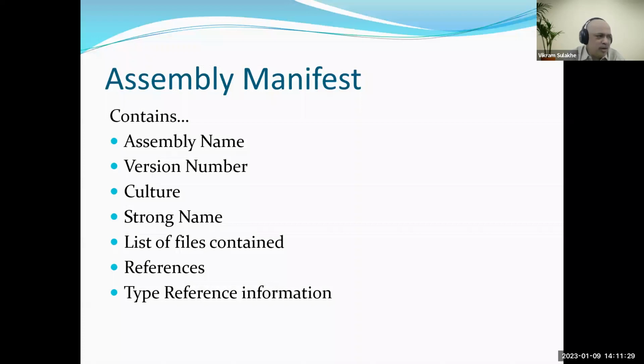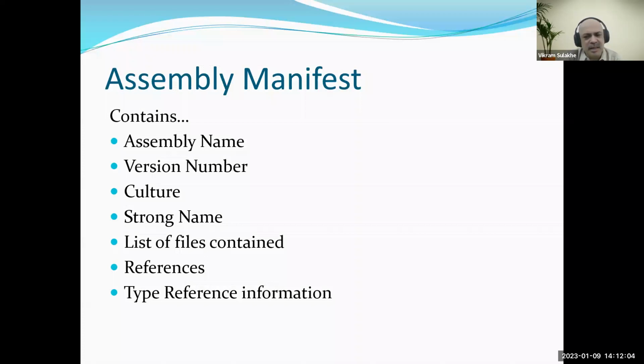EN-US could be an example of a culture, English in the US, or HI-IN, Hindi India, or MR-IN, Marathi India, or FR-FR, French in France, and so on. These are all examples of cultures. This comes in handy if you are creating multilingual assemblies. Each assembly that supports a different language would have a different culture.